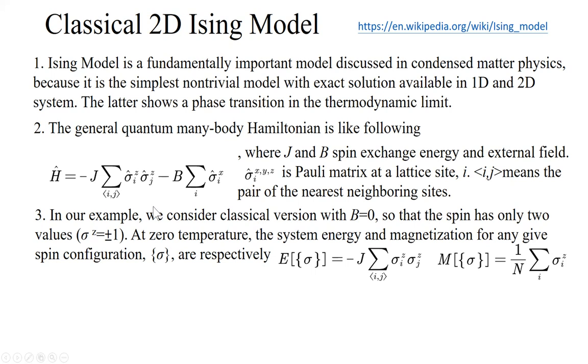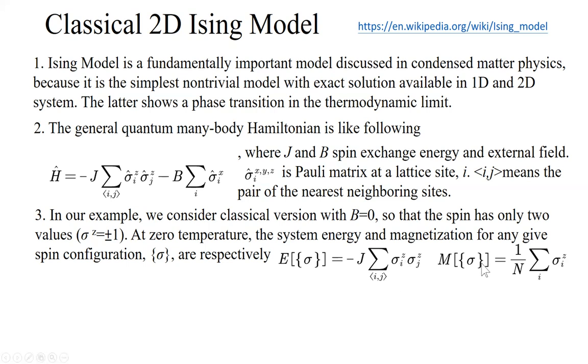So the eigenstate will be just spin up or spin down for different kinds of spin configuration at each site. Therefore, for this kind of spin configuration, we can replace this Hamiltonian by simply the total energy for given spin configurations. Now sigma z is just plus 1 or minus 1 for each site, so it's just a C number.